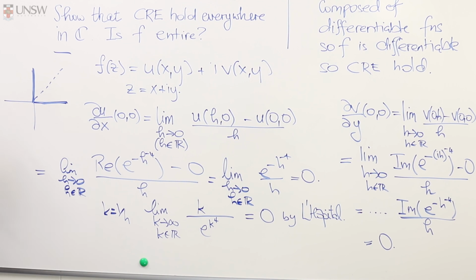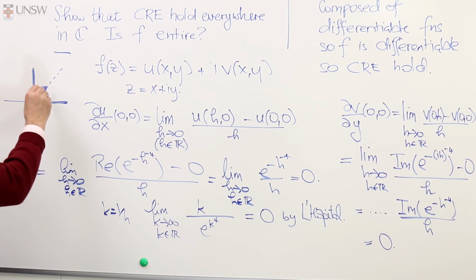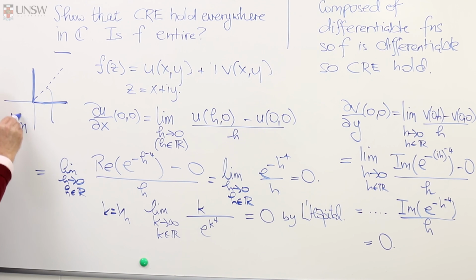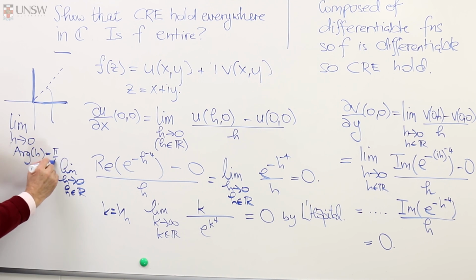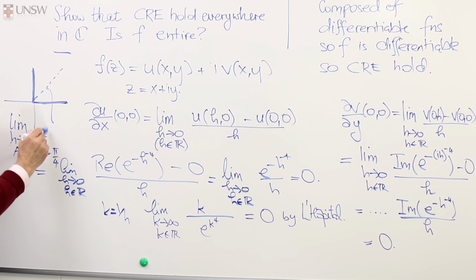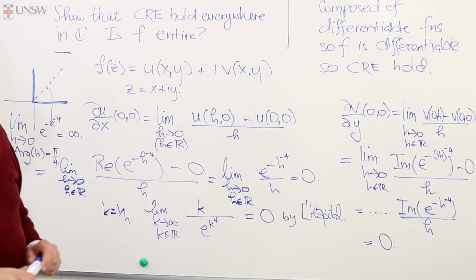At that point we see, in fact, that if we approach 0 along here, where the argument of h is, say, pi over 4, then the limit of e to the minus z to the minus 4 is actually equal to infinity. So at this point, we can certainly say that f is not even continuous at this point, so it's certainly not differentiable. Certainly not entire. That's it.